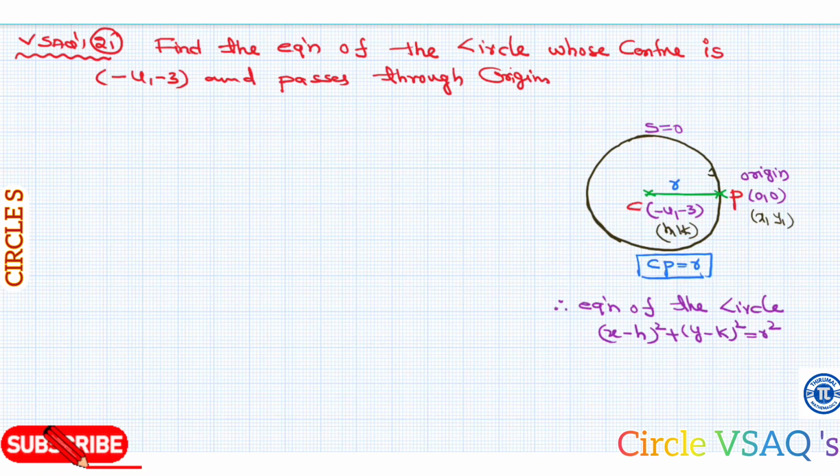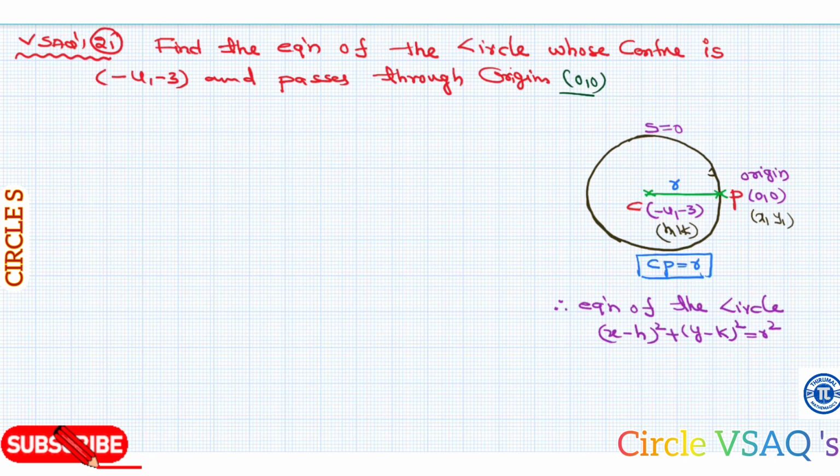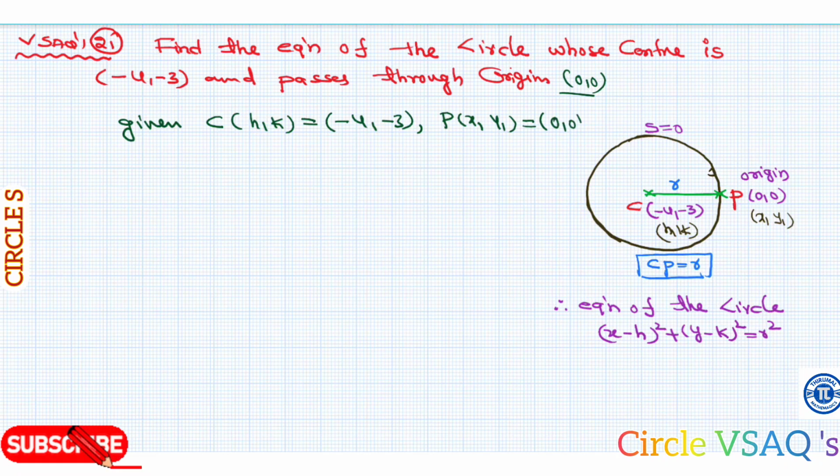Now question number 21, find the equation of the circle whose center is (-4, -3) and passing through the origin (0, 0). Similar to the previous question, but here passing through the origin (0, 0). Given the center of the circle C(h, k) = (-4, -3) and P(x1, y1) = (0, 0).